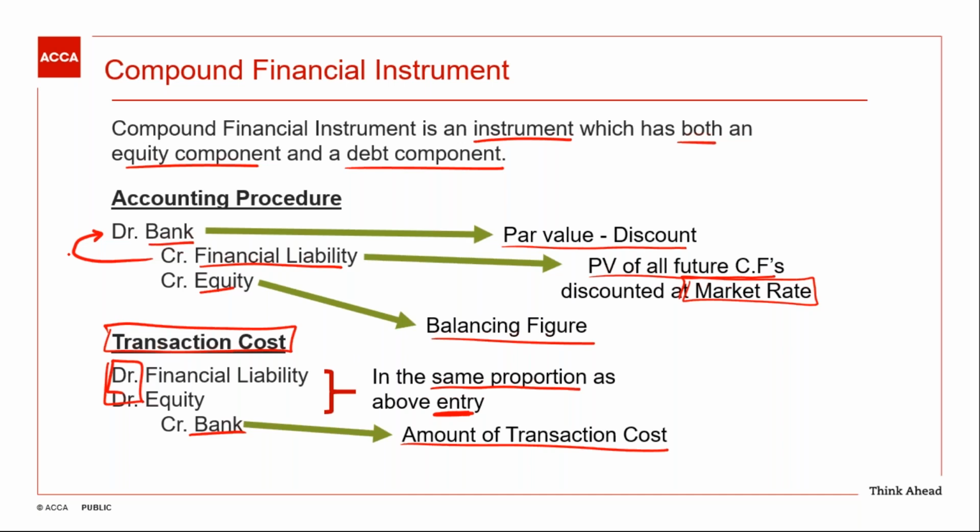That percent of the transaction cost will be allocated to the liability, and equity divided by bank will be the portion of the equity. That percentage of the transaction cost will be recorded in the equity. So this was the summary of the question that we have just solved. And the interest rate used in calculating the interest expense will always be the effective rate.